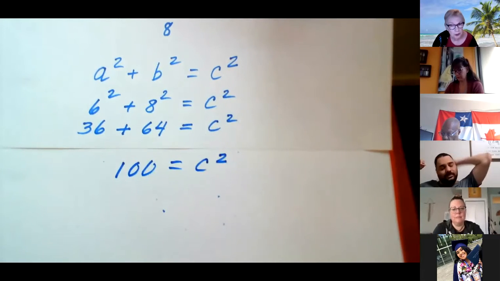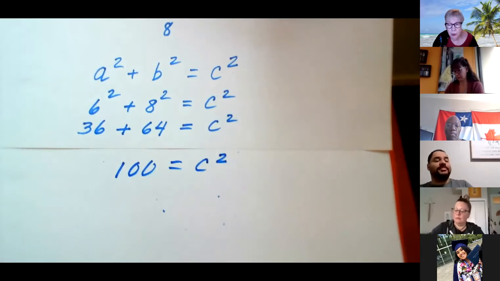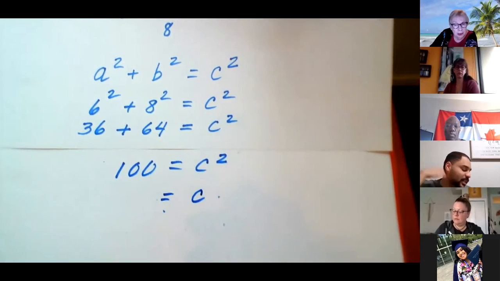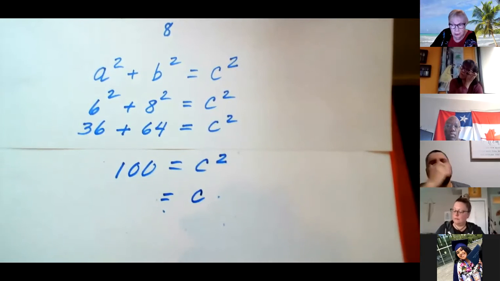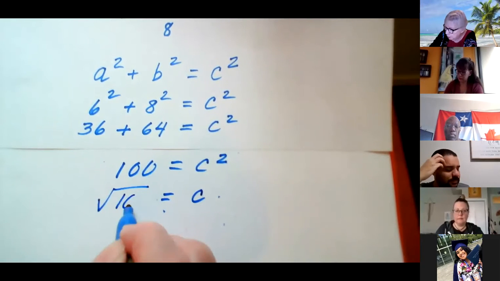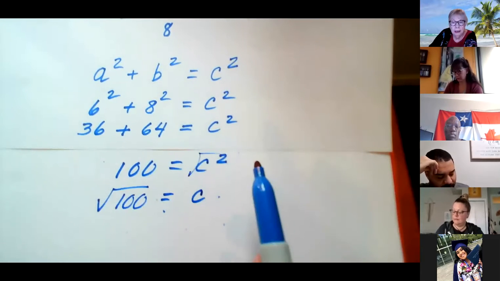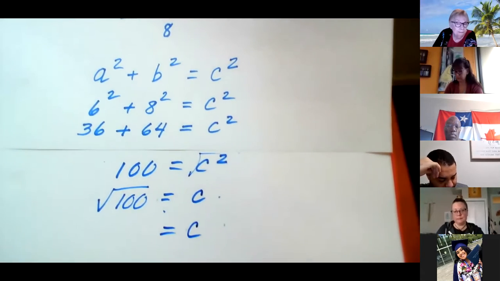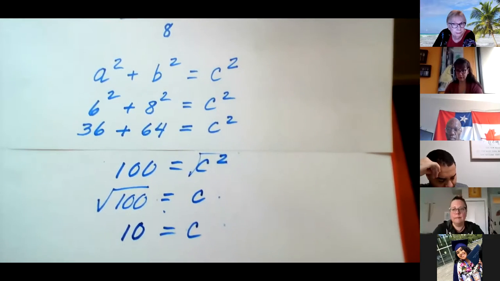We have the value for C squared, but nobody wants that. They want C. So we square root, and I'm doing this slightly different than the book, but I think this is clearer. The square root of 100. I'm square rooting this side as well, by the way, to get C, but I'm square rooting my 100. And so what do you say? We did it a minute ago. Square root of 100 is 10. Done.